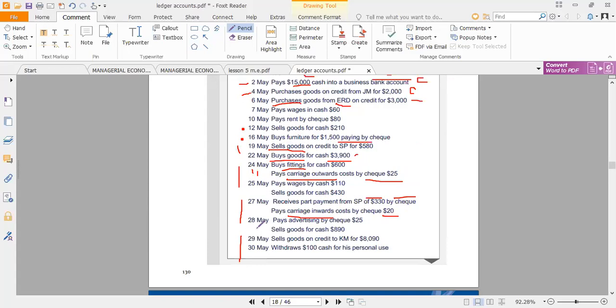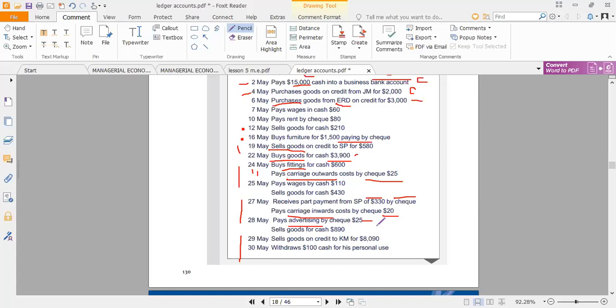Then we go to May 28, we pay advertising by check $25. Which account is paying out? The bank account, 25. We're going to credit. Then which account are we debiting? Advertising account.